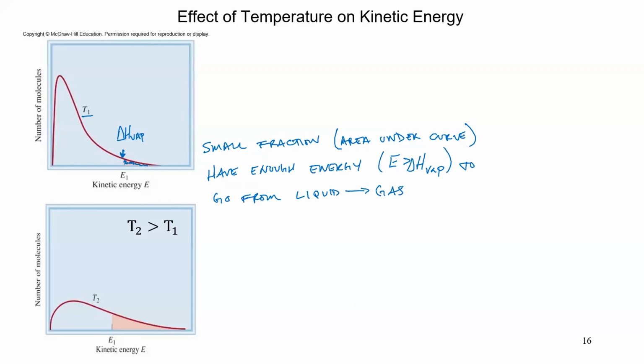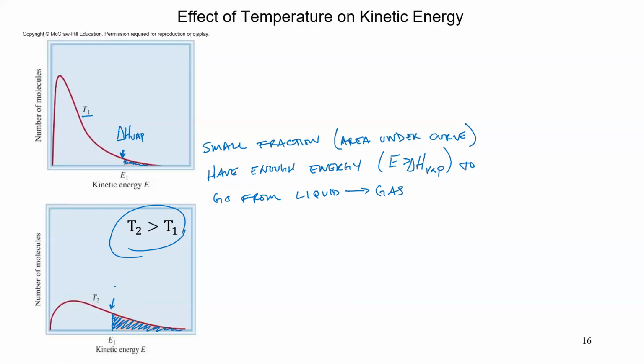Now we can draw these Boltzmann distributions really for any transition. It could be from liquid to a gas, it could be from a solid to a liquid, or it could be from a solid to a gas, right? Any of those three transitions we could draw. And so here, now that I have a larger temperature, my curve has shifted, right? There's more of my area under that curve that's now past this E1, this delta H of vaporization.